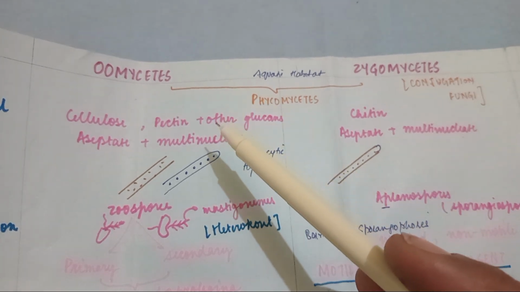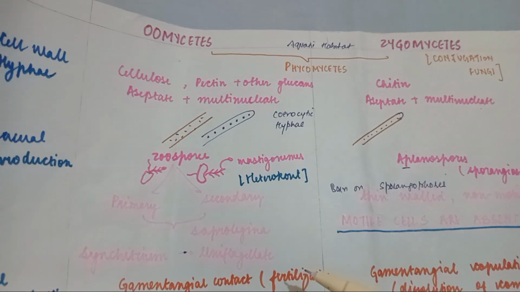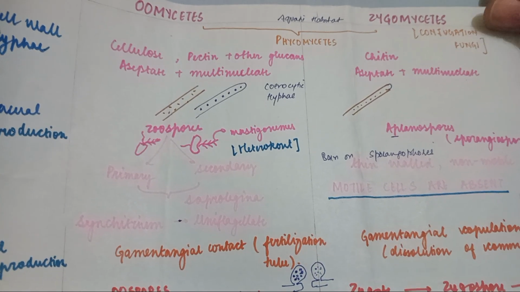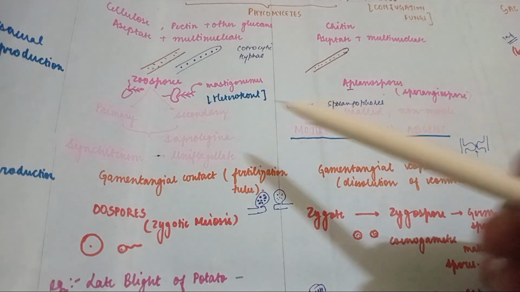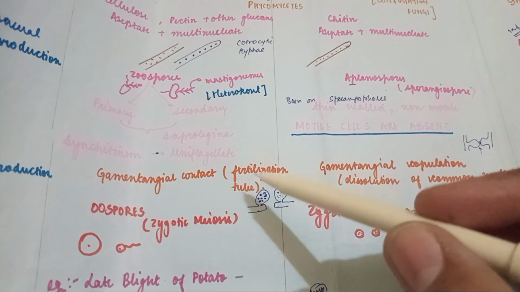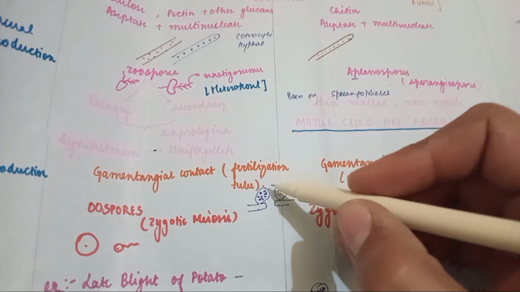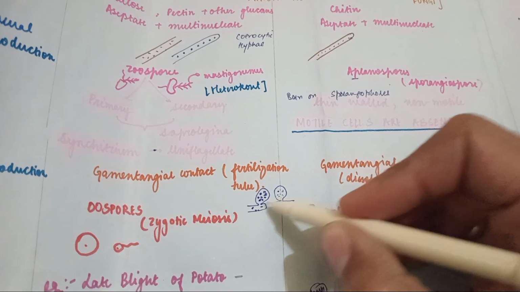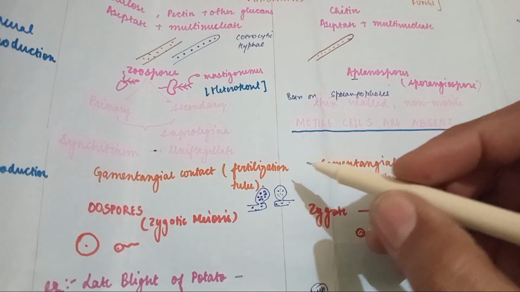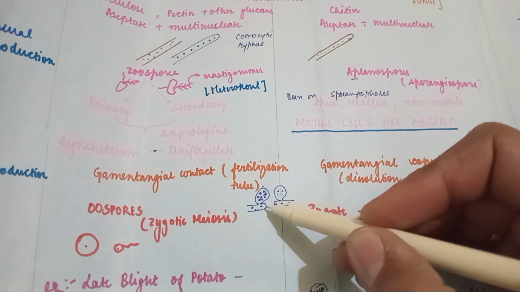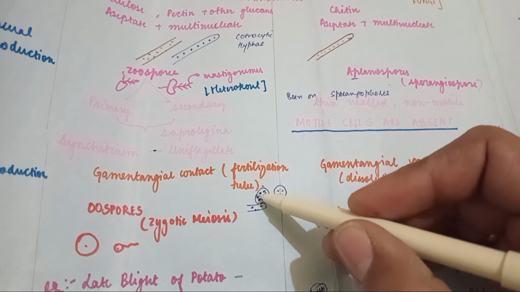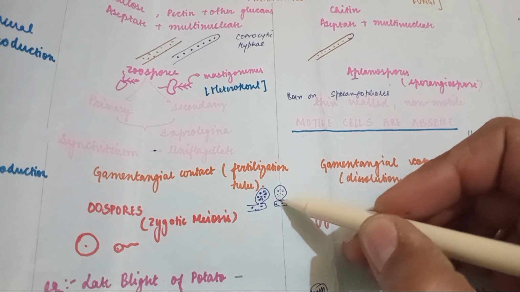Then there is the difference of the cell wall. If we see the sexual reproduction, in Oomycetes, this is a multinucleated hypha. On two different hyphae the sex organs are appearing.